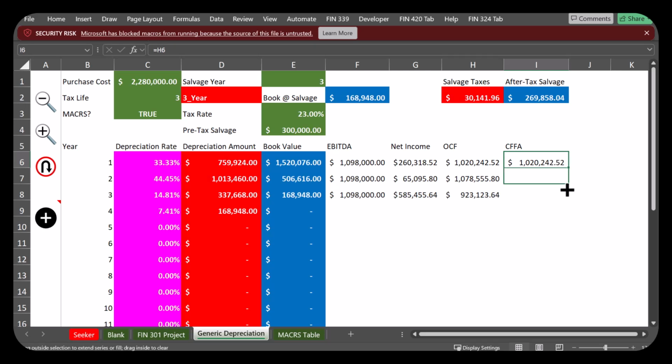So for year 1, CFFA is 1,020,000. Year 2, CFFA is 1,078,000.